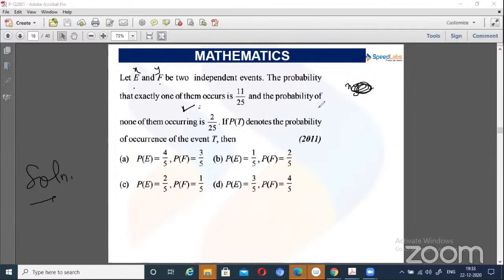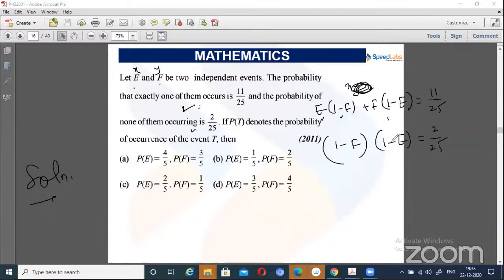So it will be E into 1 minus F, plus F occurring and E not occurring is equal to 11 by 25. And none of them occur means neither E nor F. So 1 minus F into 1 minus E is equal to 2 by 25. Solve the two, you get the answer.